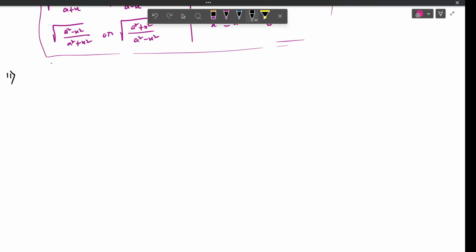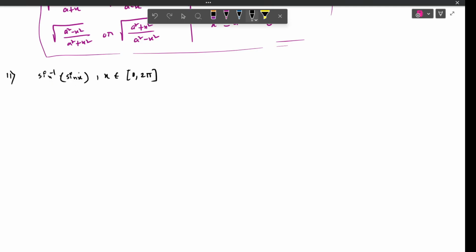We have to differentiate with respect to x, that is, find the differentiation of sine inverse of sin x, where x belongs to 0 to 2 pi.